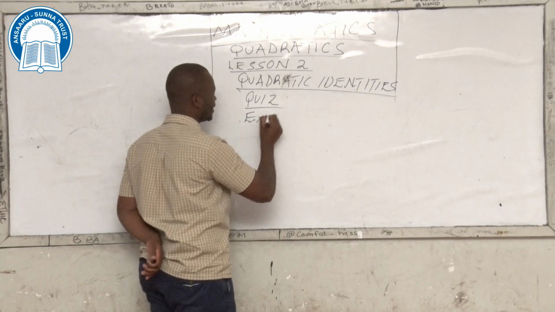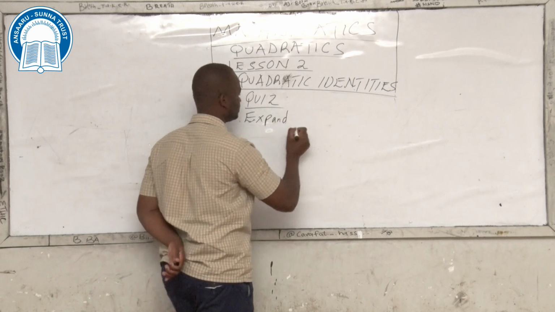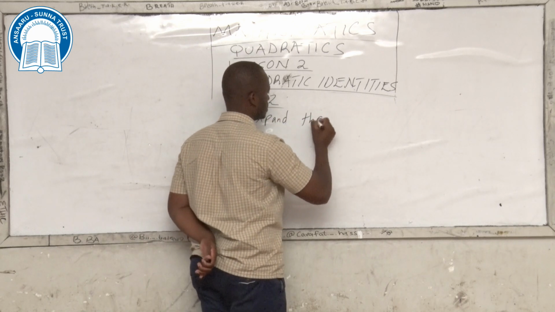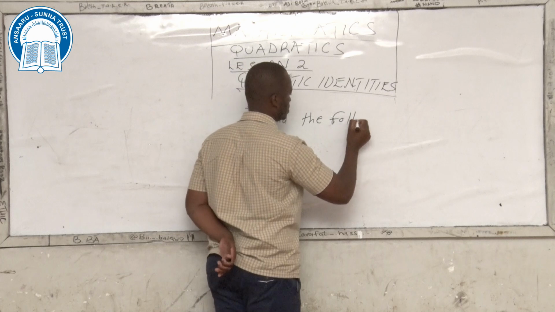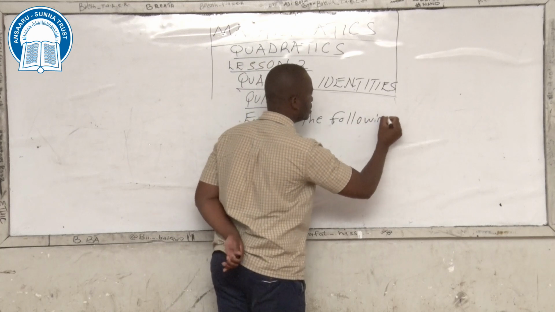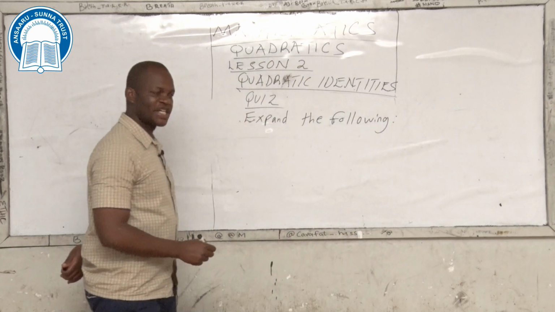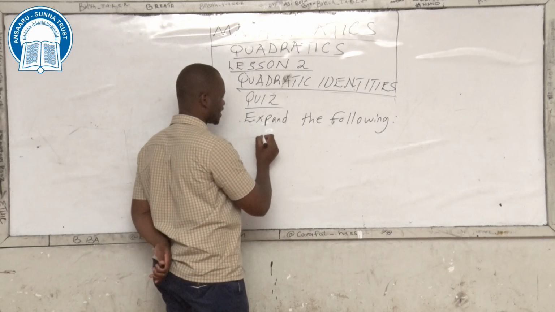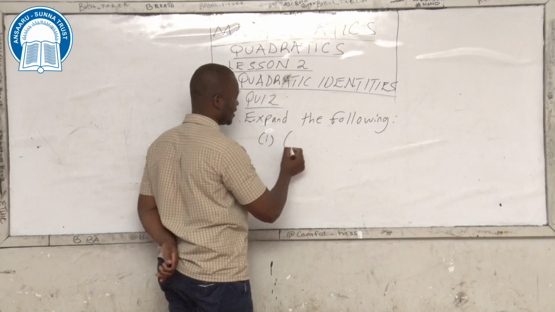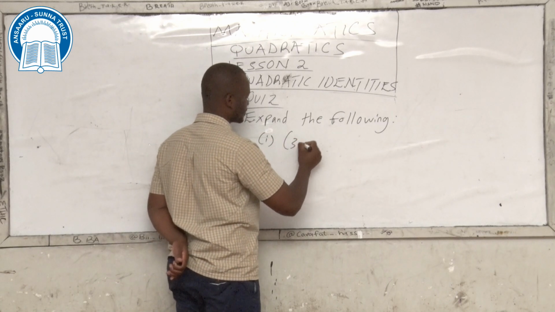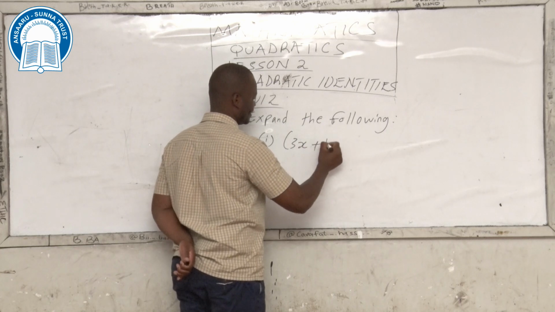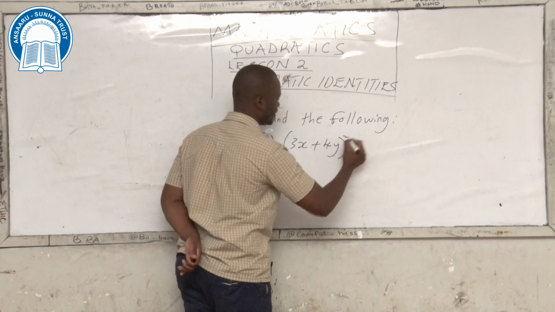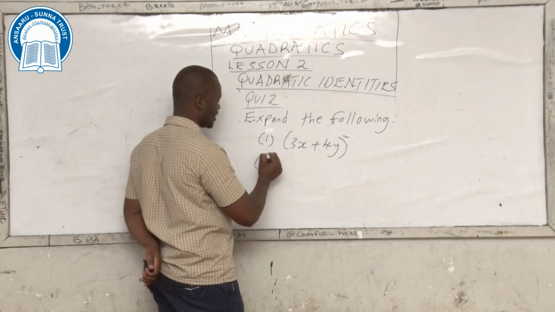The question is expand: I'm saying try and use the quadratic identities. So the first can be 3x plus 4y squared. See what you can get.